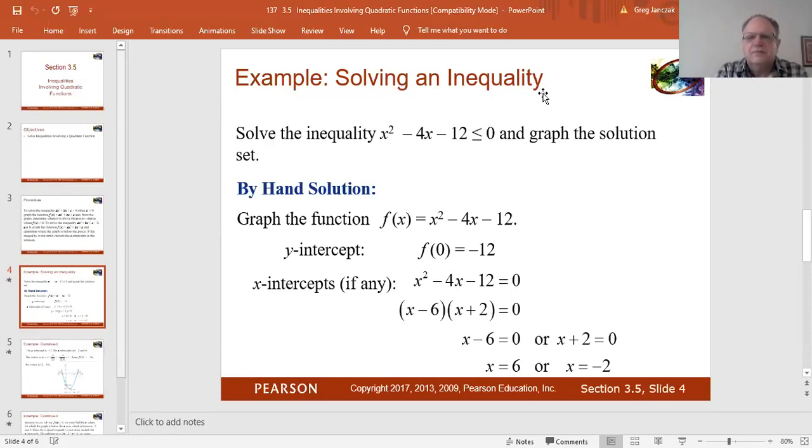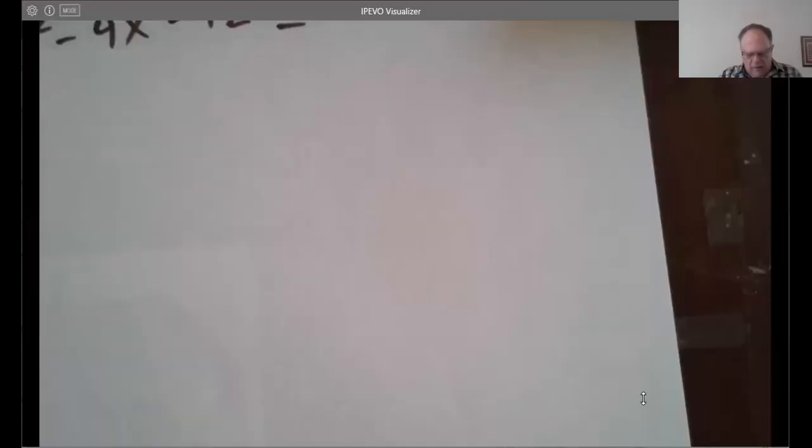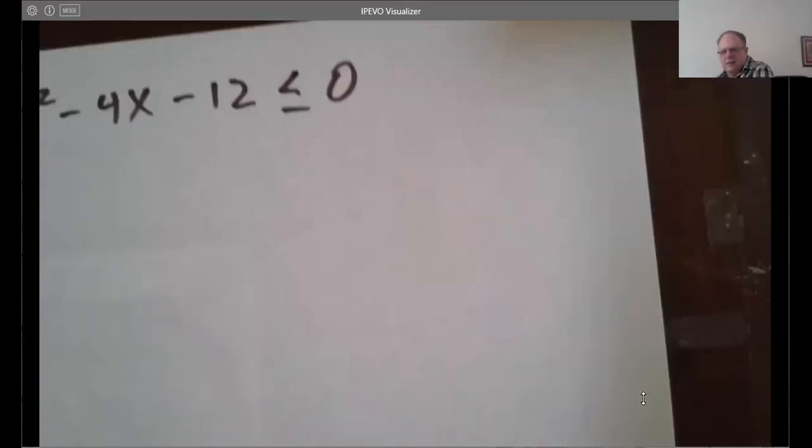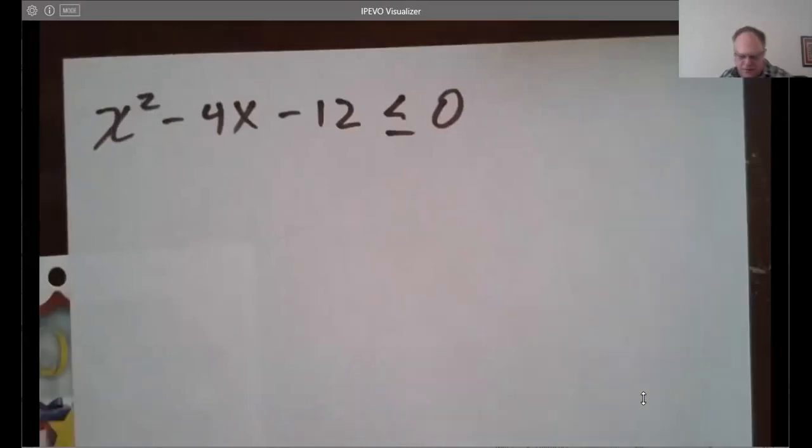So first thing we want to do is go ahead and find the intercepts, just like what we did. So basically we're doing the very same thing. We're starting off doing the same thing we did in the last unit.